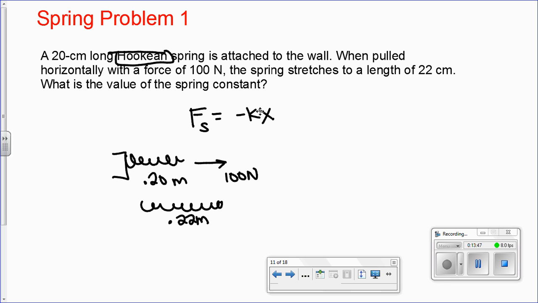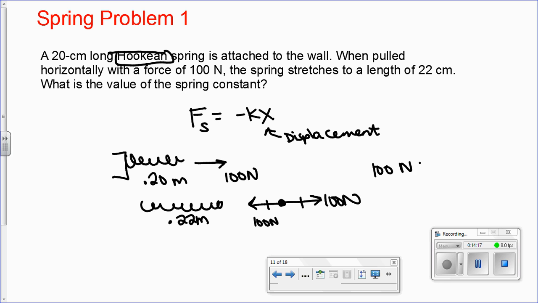But remember, x here is displacement. We're trying to find the spring constant. So if this truly is ideal, then the y-intercept right here would be 0. So if we look at our force, we have 100 newtons pulling it, and the spring should be pulling back in the exact same amount by 100 newtons. Okay, so this applied force should always be equal to your spring force.